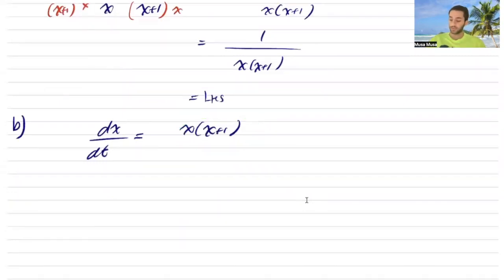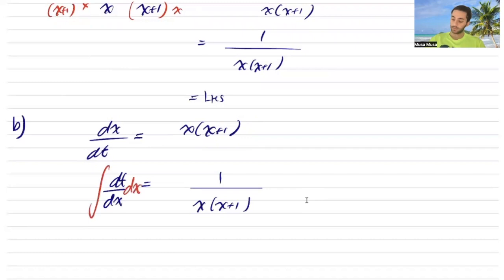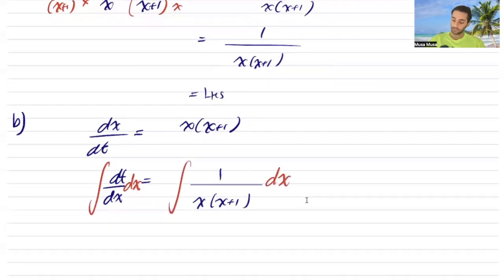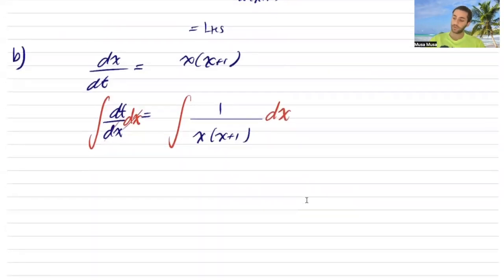So let me take the reciprocal. And now I can integrate with respect to x. Those cancel. This just becomes the integral of 1 dt, which is t.